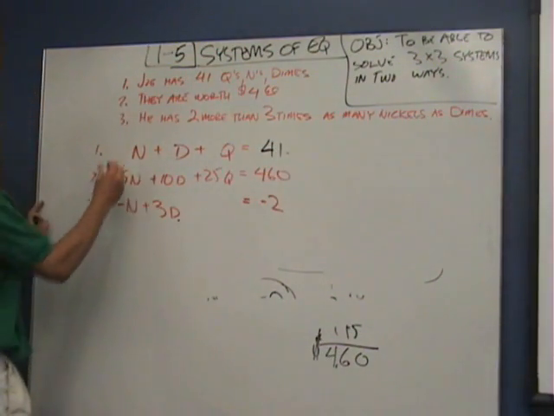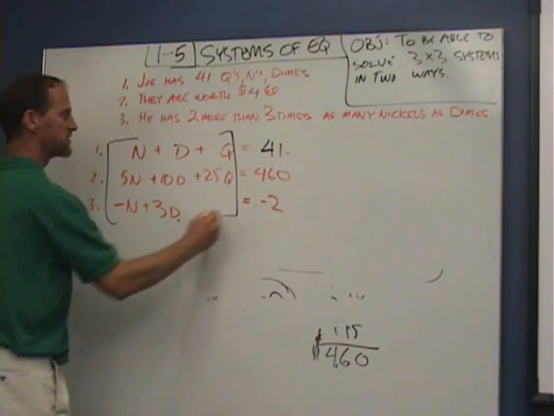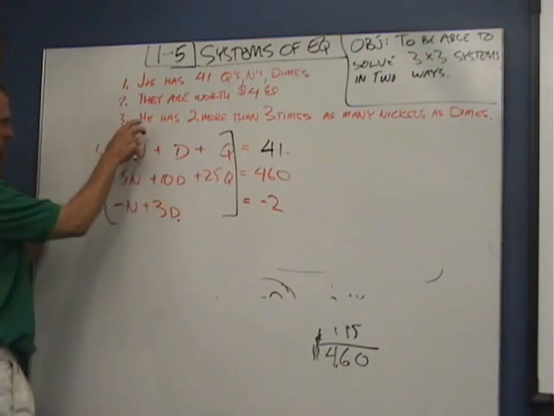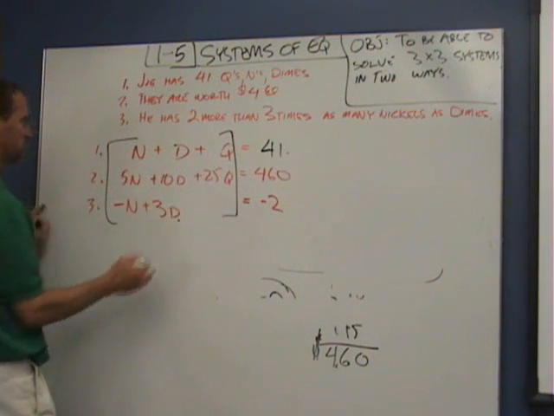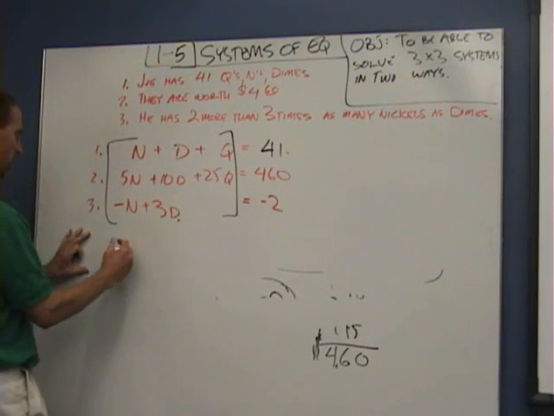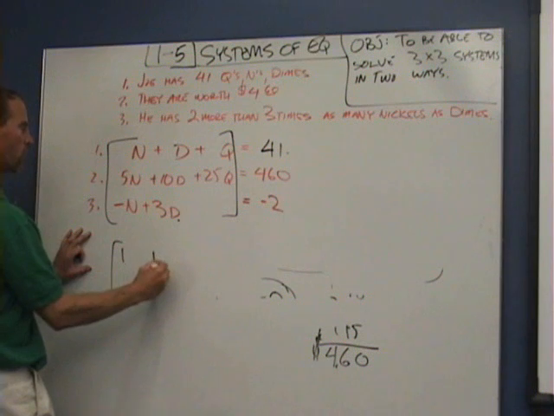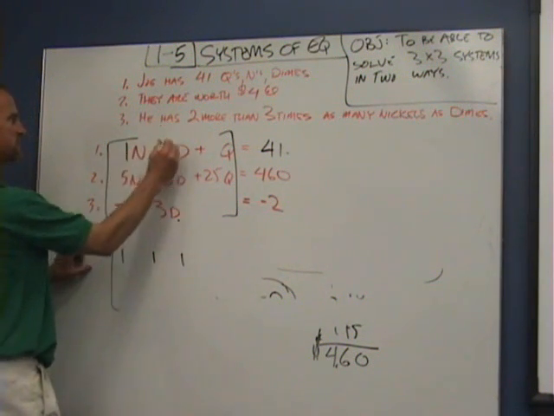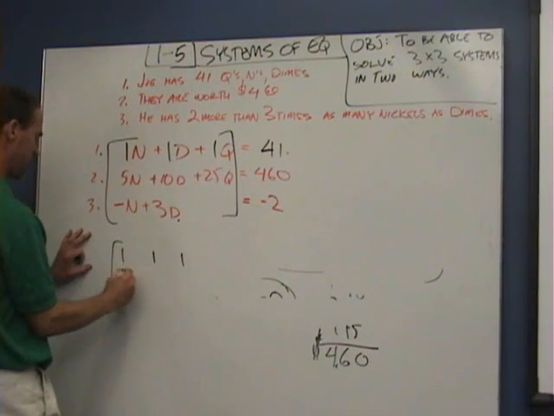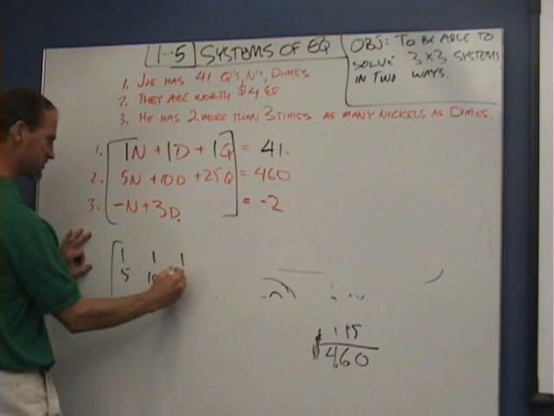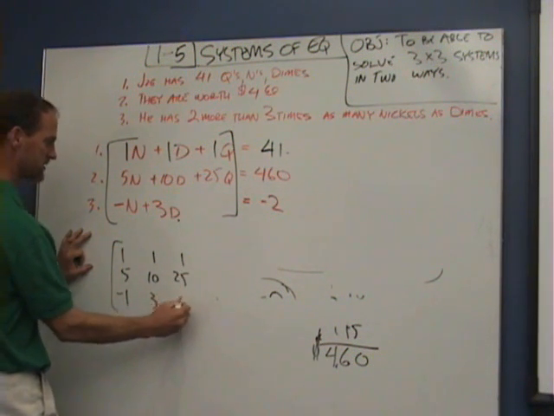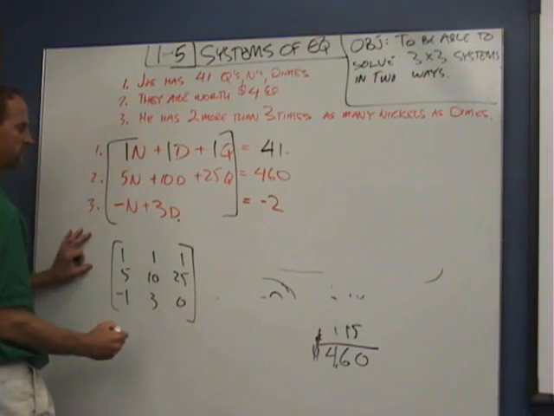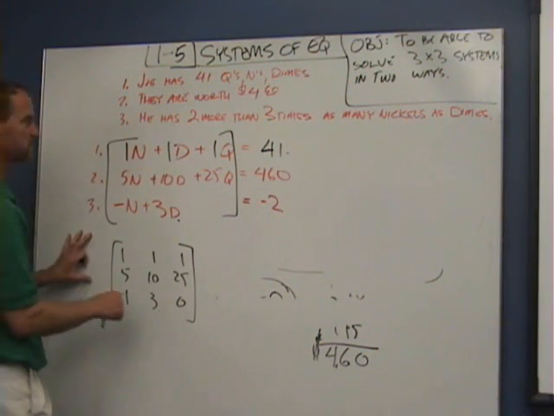If I convert this into the way we did last year with matrices, where we know that this column is all N's, and this column is all D, and this column is all Q's, I can write a matrix form of that: 1, 1, and 1, our coefficients here, and then 5 and 10 and 25, and negative 1 and 3, and then I write the 0 there. That's going to be the matrix for that.